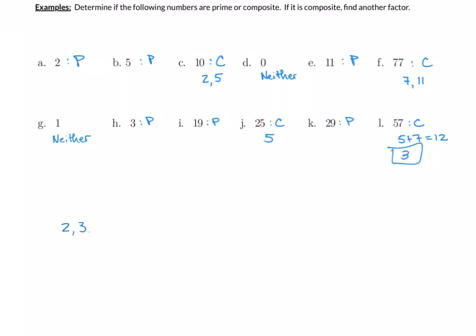We have 2, 3, 5, 7, 11, 13, 17, 19, 23, 29, 31, 37, 41, 43, and 47. Now this list does keep going on.